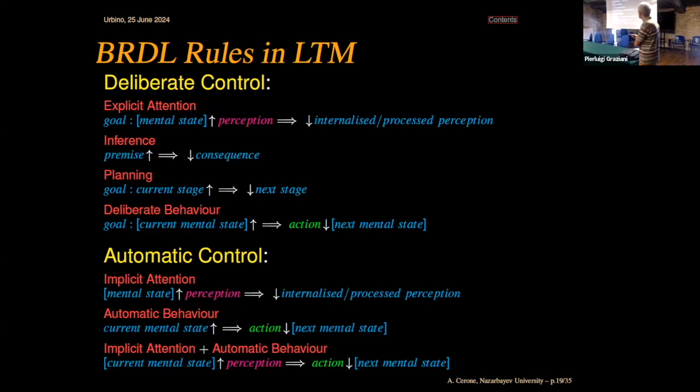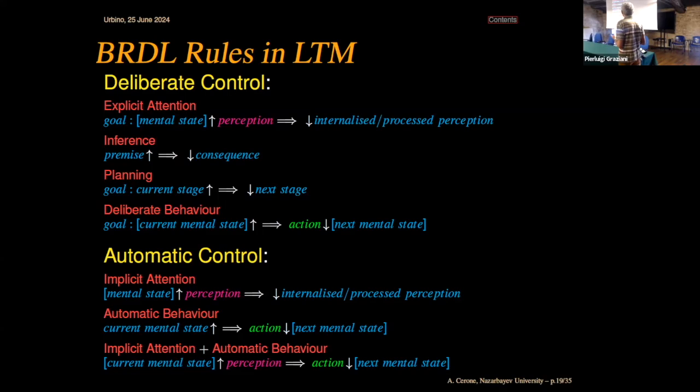So here you can actually see better the meaning of things. Here the perception on which you focus is actually your mental state, what you are thinking about, or here you have a current mental state.